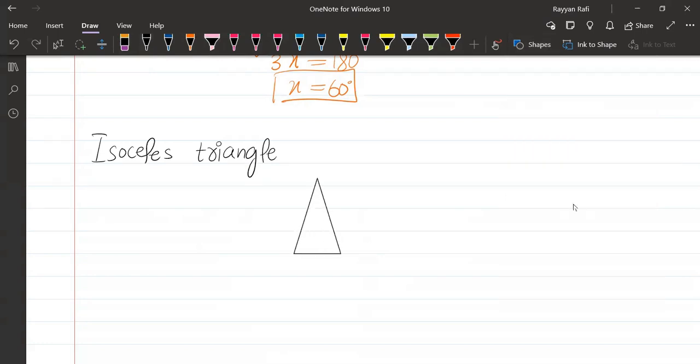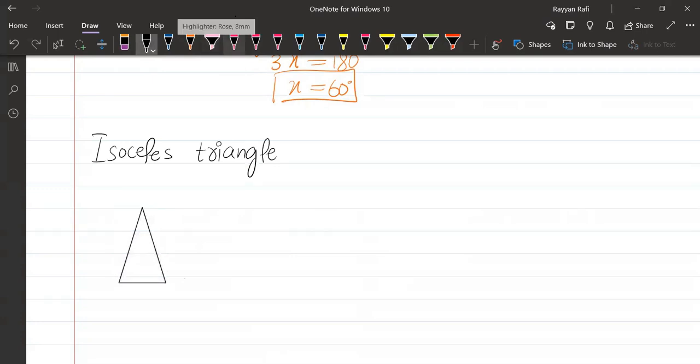Yeah, this is better. अब isosceles triangle के अंदर, let me just mention the sides. So in the isosceles triangle, you should learn that you have two same sides.